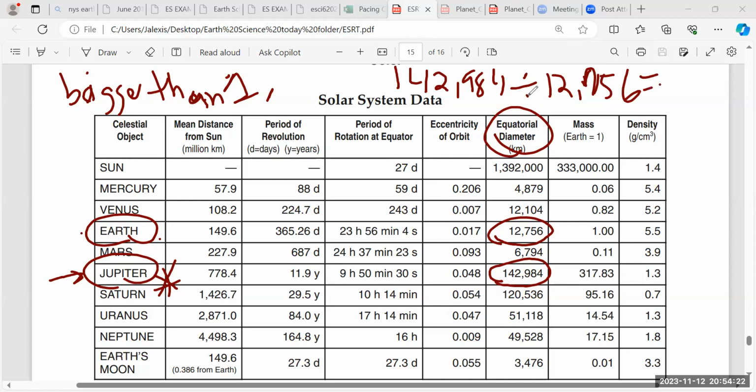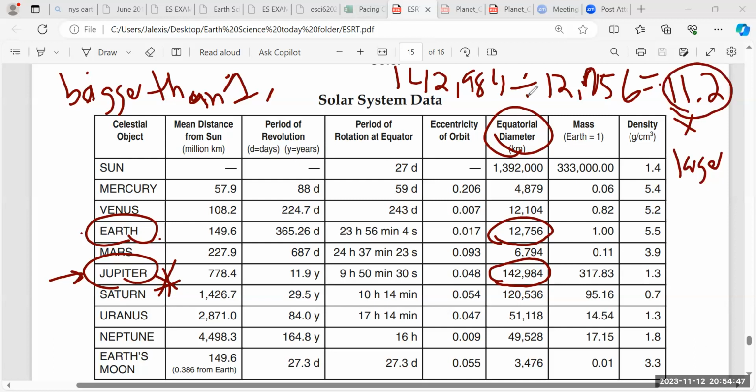When you divide, I'm just going to my calculator, 142,984 divided by 12,756. And I'm just rounding to the nearest tenth. You end up getting 11.2. All right, times larger. And so that is an acceptable answer.